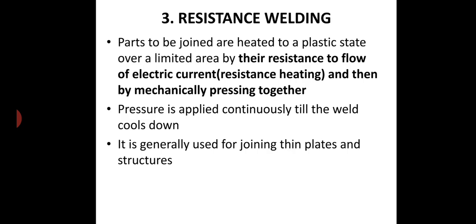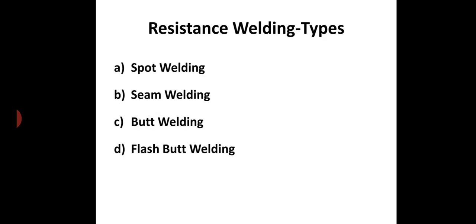This is a plastic welding process, and you require much higher pressures for joining the weld. Generally used for joining only thin plates and structures, but the welding is very efficient, and much fewer weld defects are seen in resistance welding types.